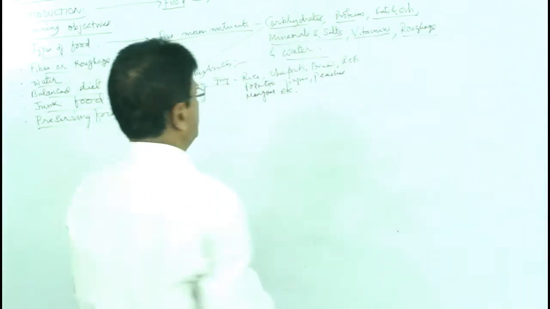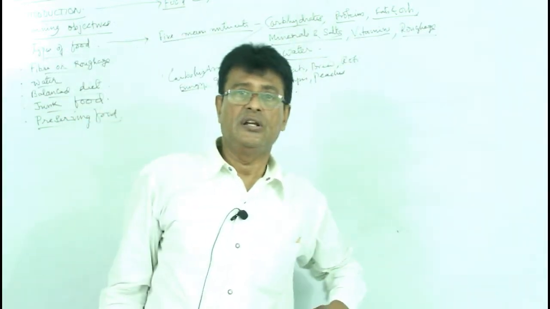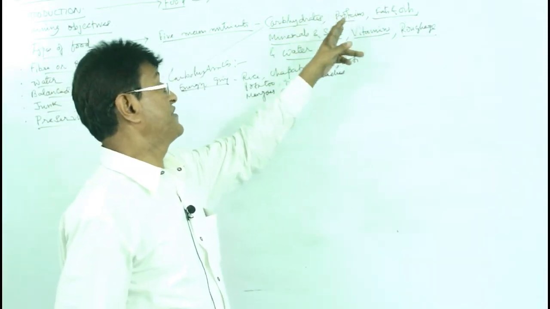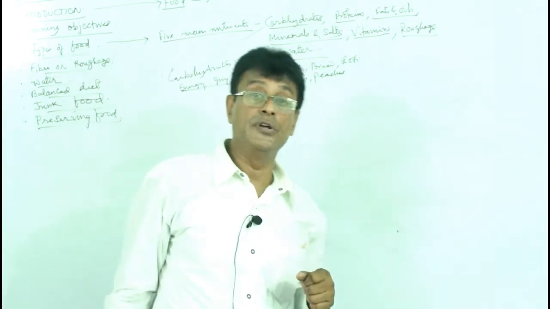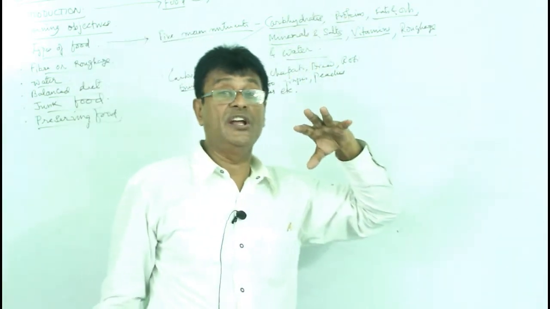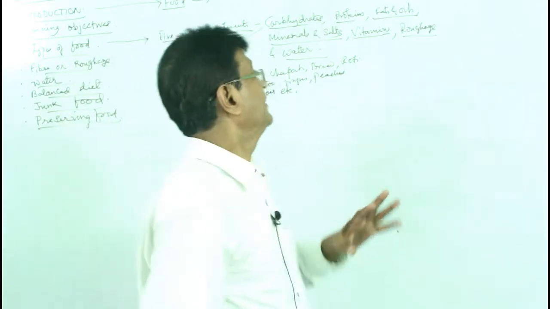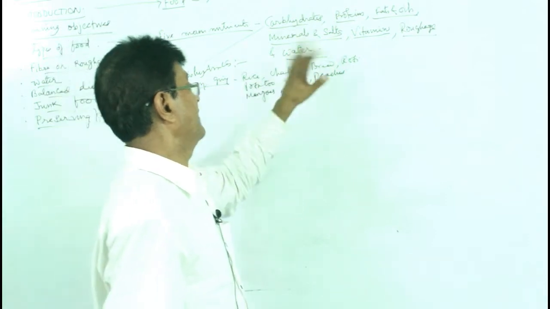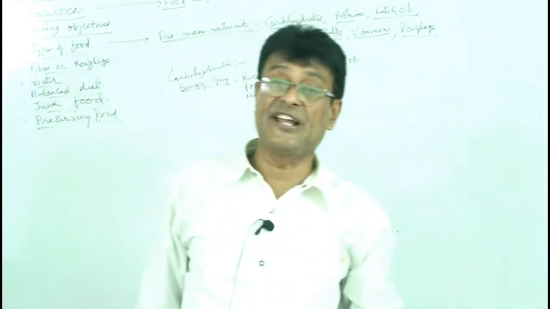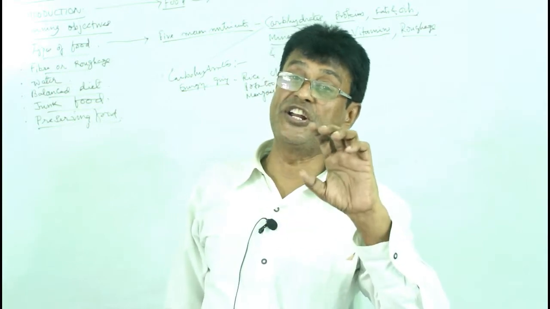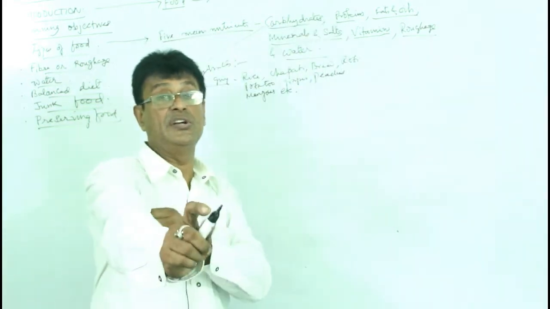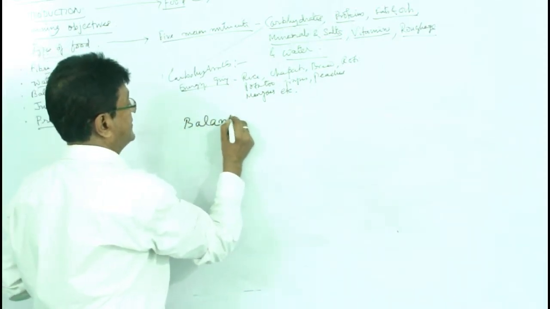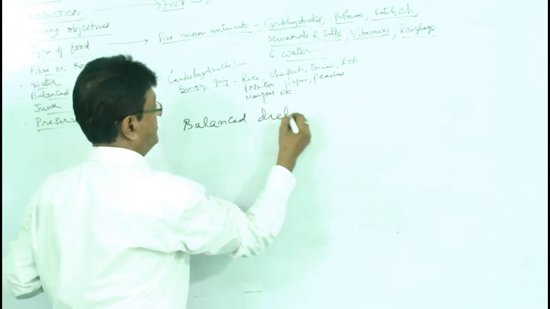One person eating only carbohydrates can suffer from the nutrition deficiency of the other kinds of food. Less protein eating, protein deficiency. Fats and oils, minerals and salts, vitamins. So every item, all those foods should be eaten in a proper and maintained way, and this is known as balanced diet.